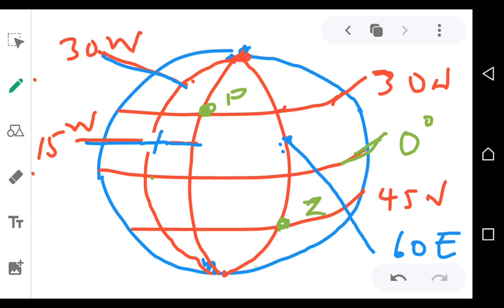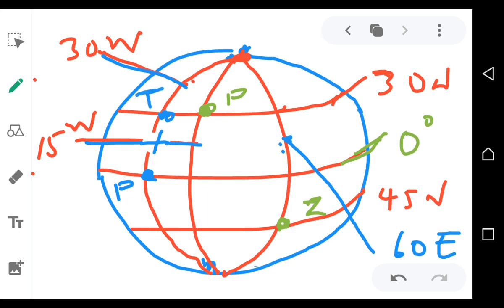Okay, so we put this one here as P. That position there, it's P. And then here it is T.